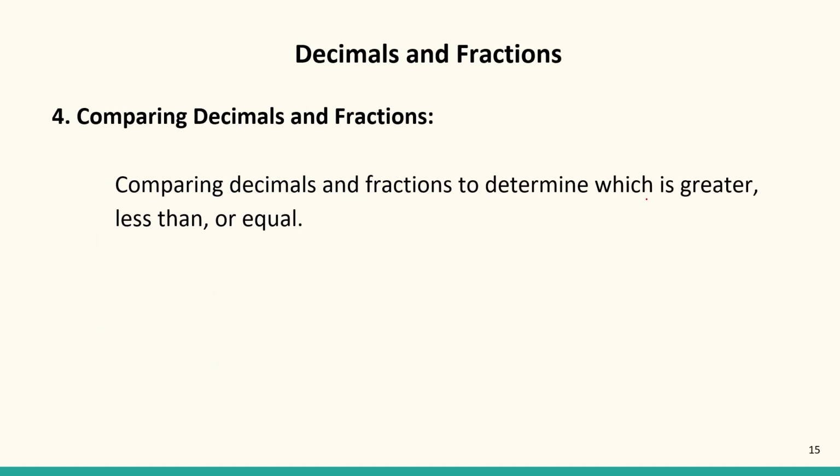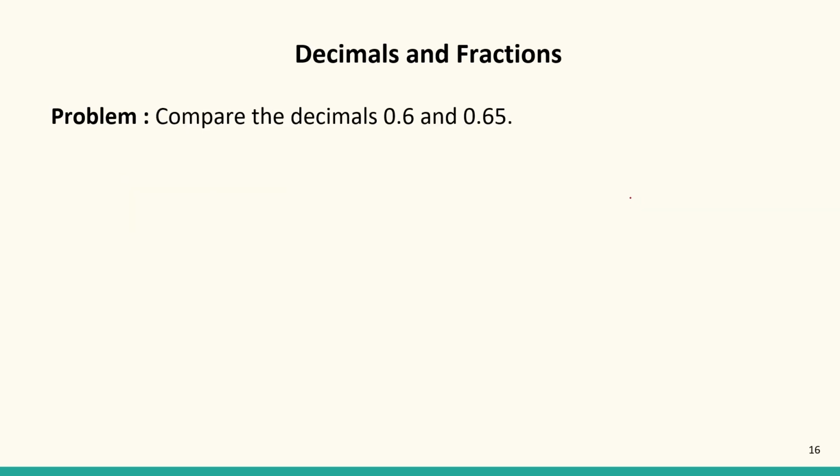So comparing decimals and fractions is the fourth kind of problem that is normally asked. Let's see the problem on this: compare the decimals 0.6 and 0.65. What we can see here is 0.6 is nothing but 0.60, and 0.65 is nothing but 0.65.